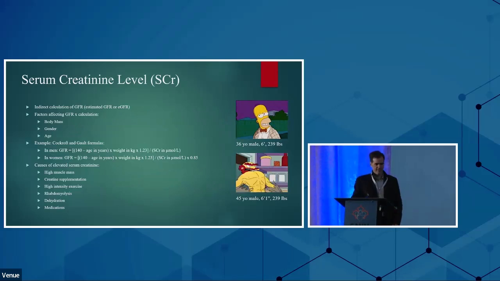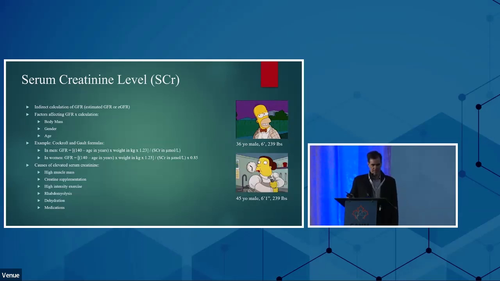The serum creatinine level is one of the most popular determinants of GFR, but it also comes with limitations. We could estimate the GFR based on body mass, gender, and age. There is the Cockcroft-Gault formula that could determine the GFR based on those three parameters that I mentioned. However, there are some confounding factors for serum creatinine levels, including high muscle mass.